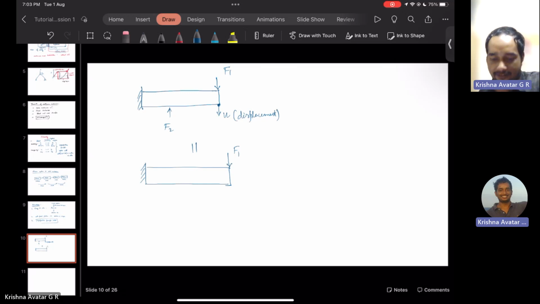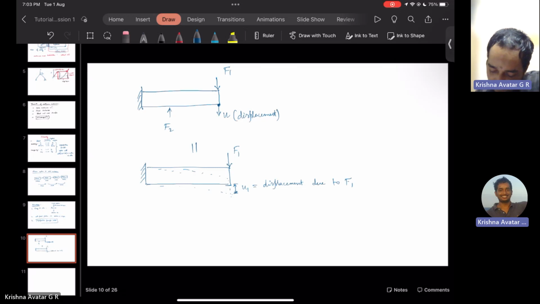After we have applied F1, this will result in some deformation, isn't it? So this deformation here we call U1. U1 is the response, or you can just say it's the displacement due to F1.